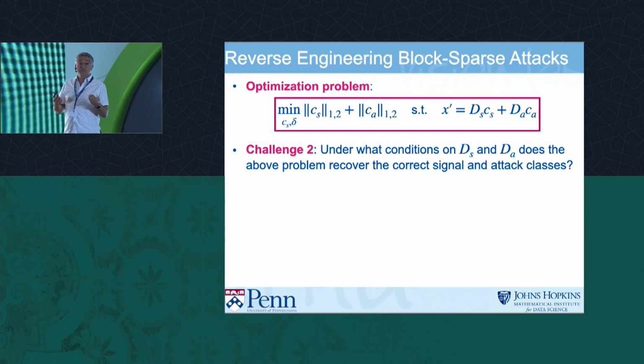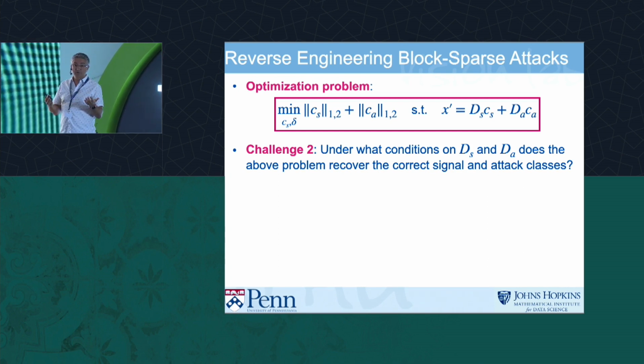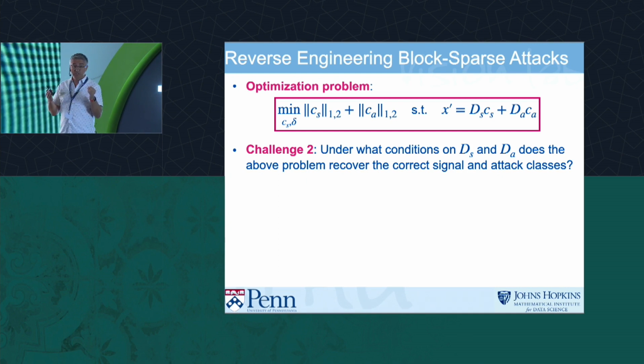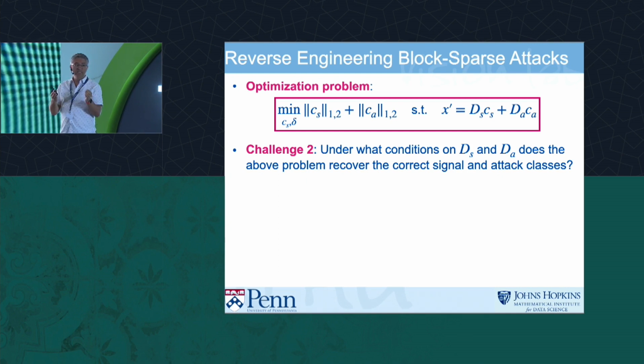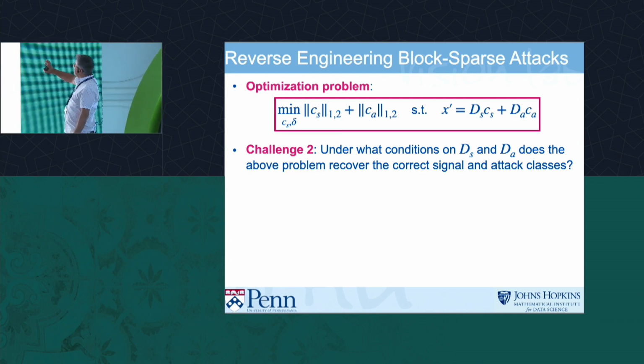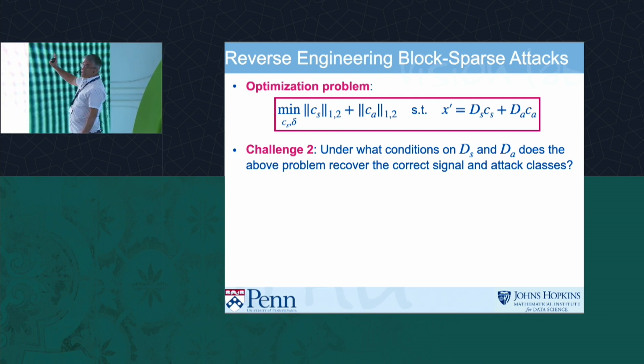The second one is theoretical, like the same question we would ask 15 years ago. If I give you a corrupted X prime, can you decompose it as the sum of a clean signal plus the attack that you used? And so the question is, what are the conditions on this dictionary? The DS is, again, the set of training examples.